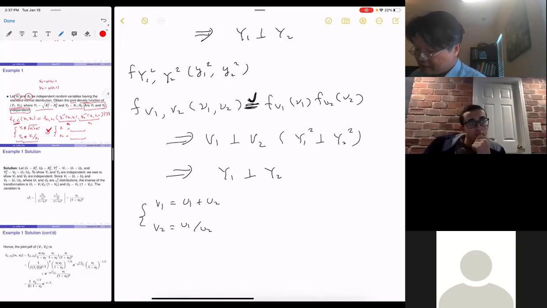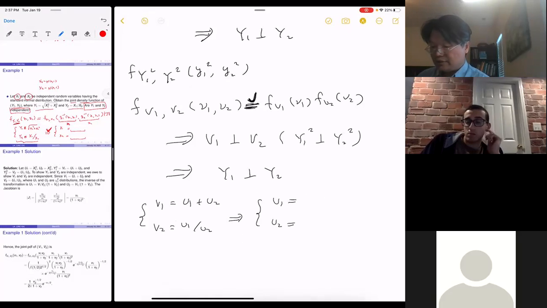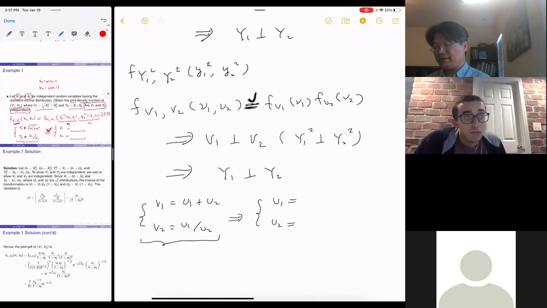Then I said, find the inverse functions, nothing but writing your U1 and U2 on the left-hand side of the equation. That's easy, right? How do I write it in terms of V1 and V2 on the right-hand side? So U1 is V1 minus U2, okay?